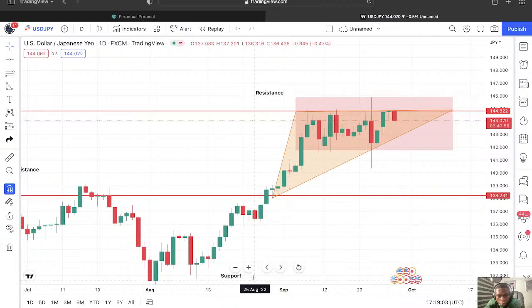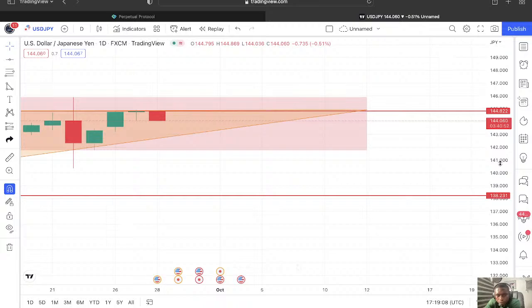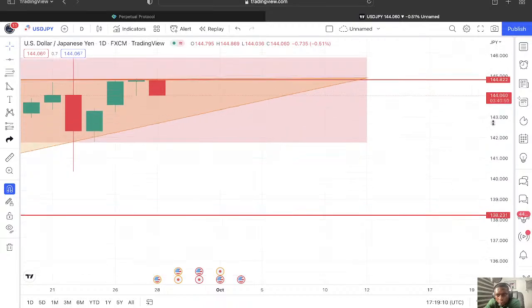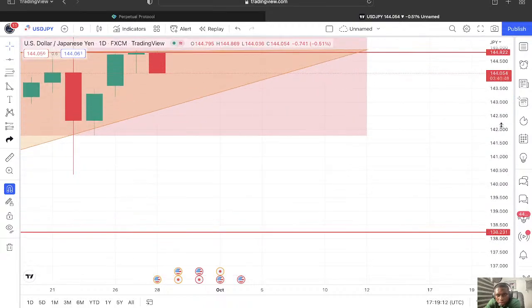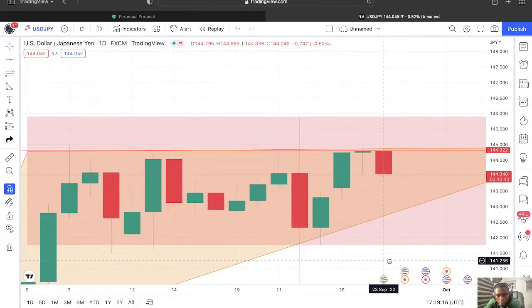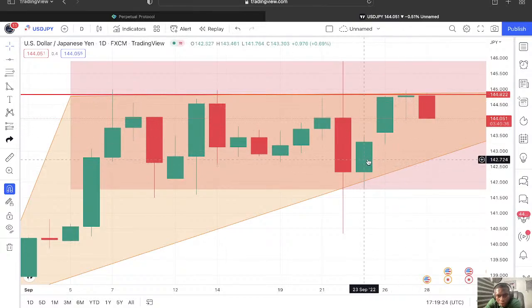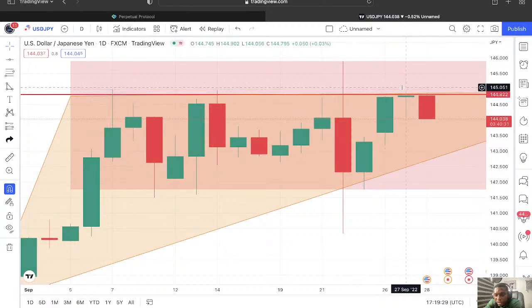When you zoom into this, you will discover the last 3 candles before the current candle have so much bullish momentum, bullish power coming in.